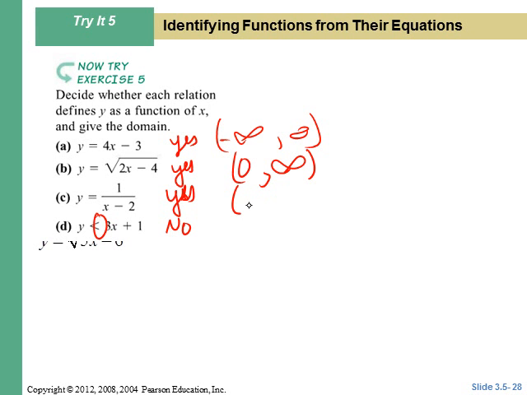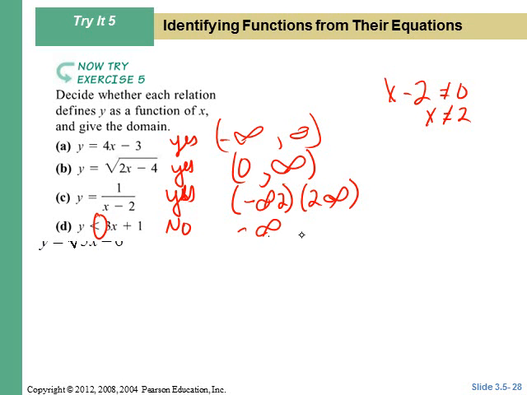From negative infinity, so x minus 2 does not equal 0, which means x does not equal 2. From negative infinity to 2, and from 2 to infinity. Last one, the domain is from negative infinity to positive infinity.